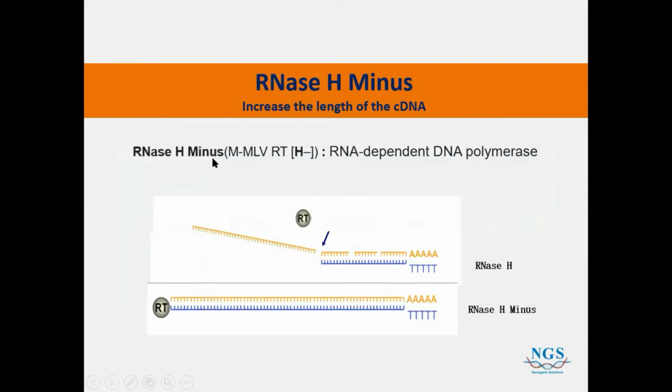RNase H minus is an RNA-dependent DNA polymerase. So Transgene has incorporated RNase H minus into the enzyme to prevent RNase H activity. Without RNase H activity, you will get full-length cDNA. This is very important for you to get good results during qPCR.